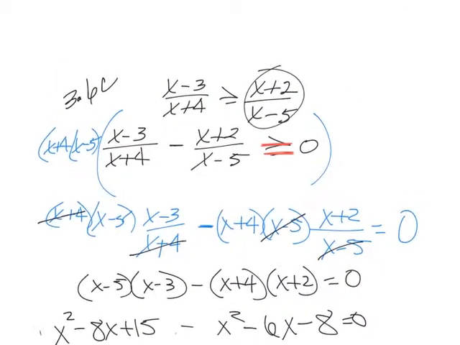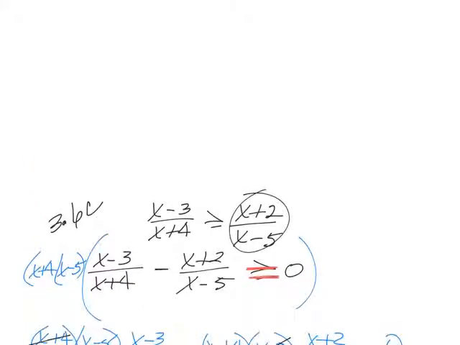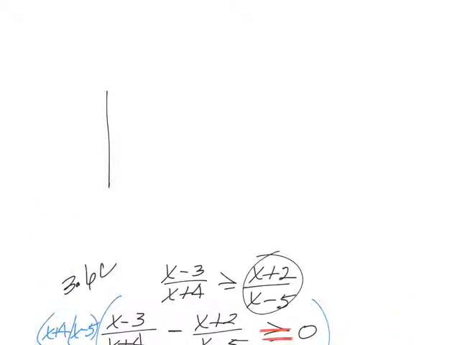Okay, there's another thing I want to bring up as far as this original problem right here. What I want to do is write this like I did earlier. Let's see here if I can move this down a little bit. I'm going to rewrite it again as x minus 3 over x plus 4.